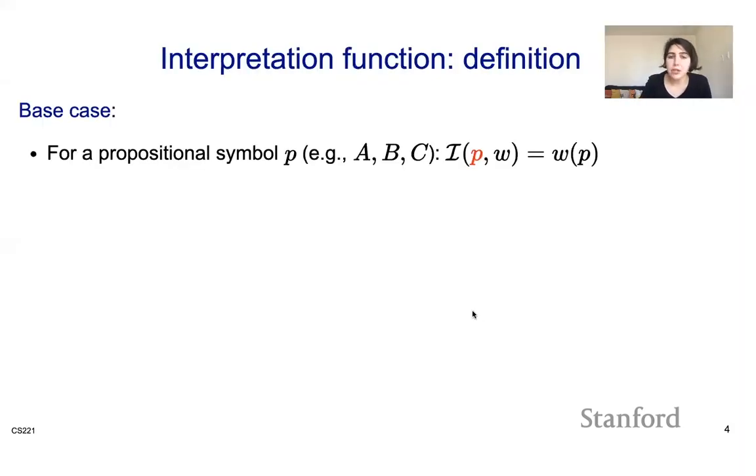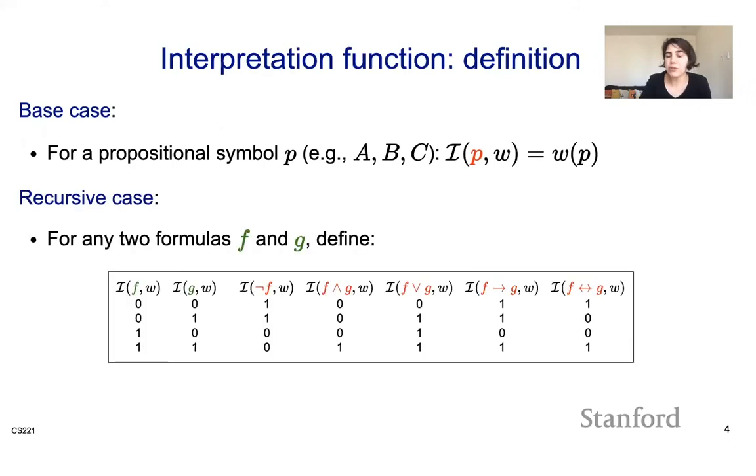Then when we think about more general formulas, how are they defined? They're defined based on logical connectives applied over propositional symbols, and based on that, we can recursively define this interpretation function. I can have a formula F and a formula G, and create a truth table.